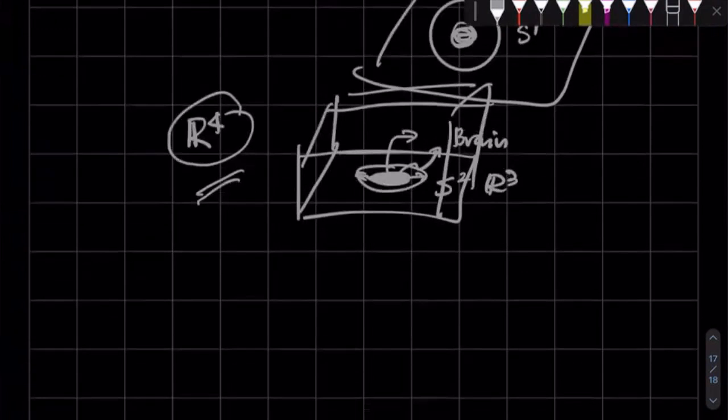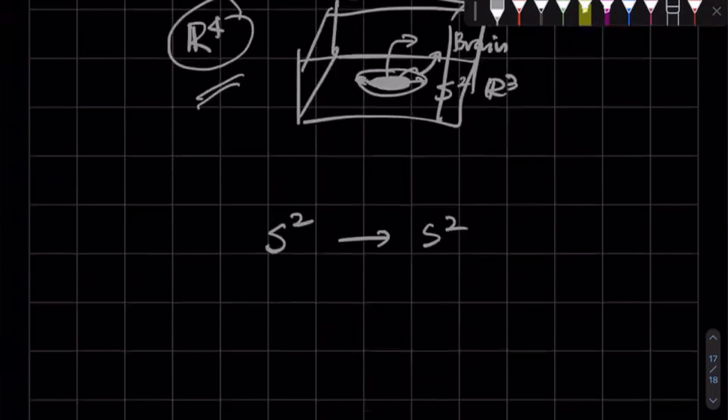The idea is, what if I now consider the map from the 2-sphere to the 2-sphere? What if I look at pi2 of S2? And there, I think this is true. I'm not exactly sure.